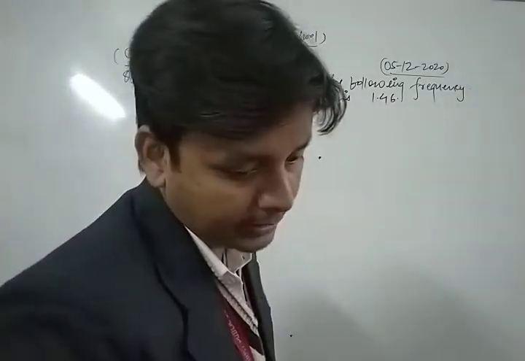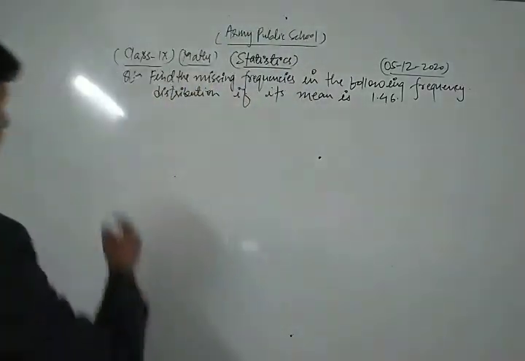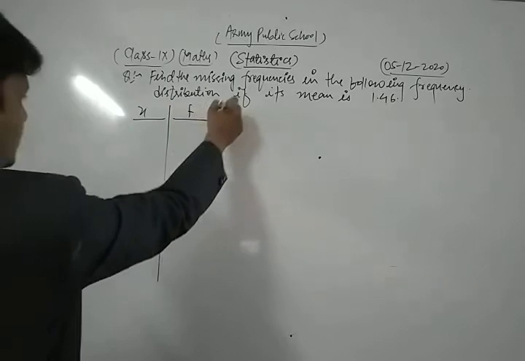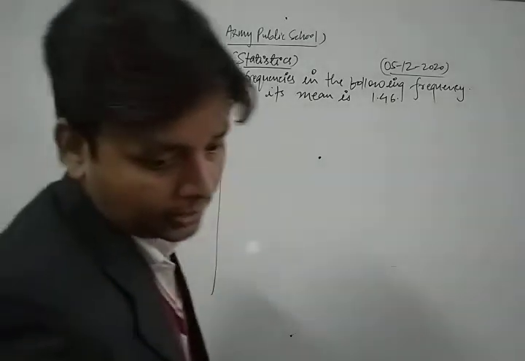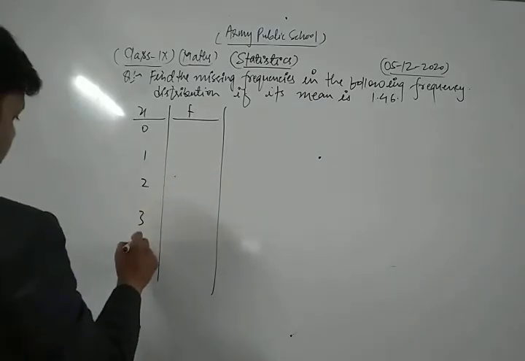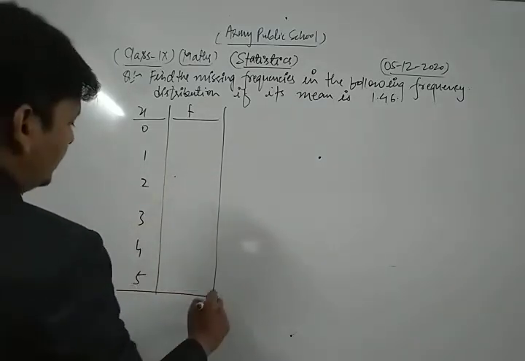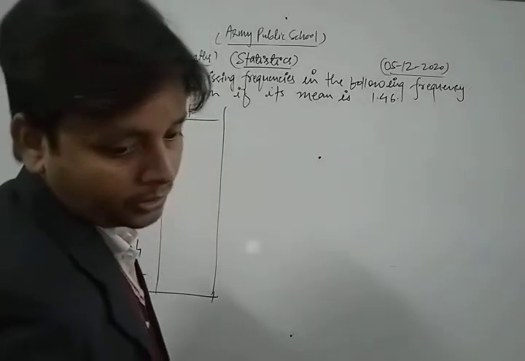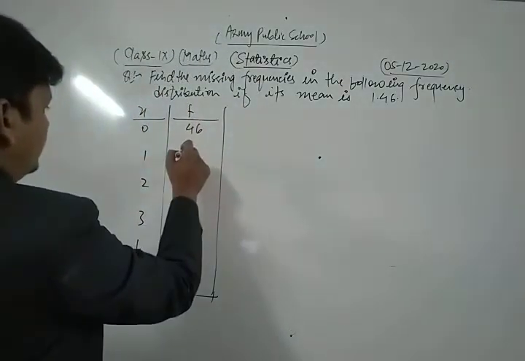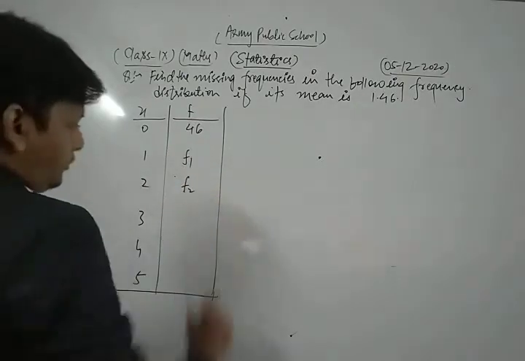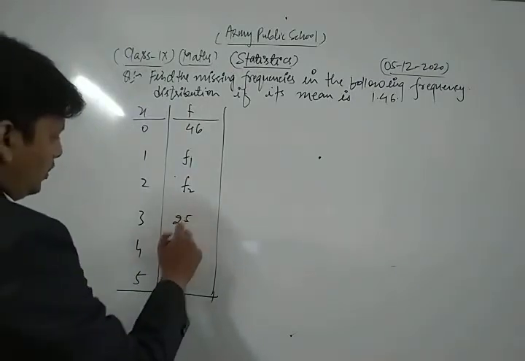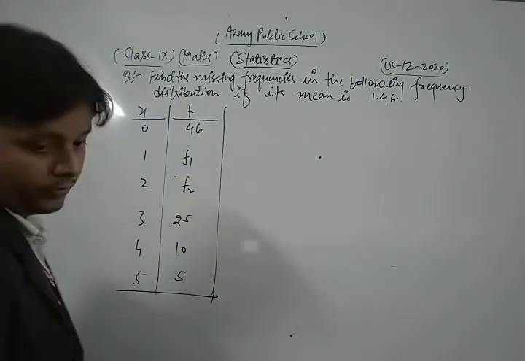A variable x is given as 0, 1, 2, 3, 4, 5, and their corresponding frequencies are 46, f1, f2, 25, 10 and 5.